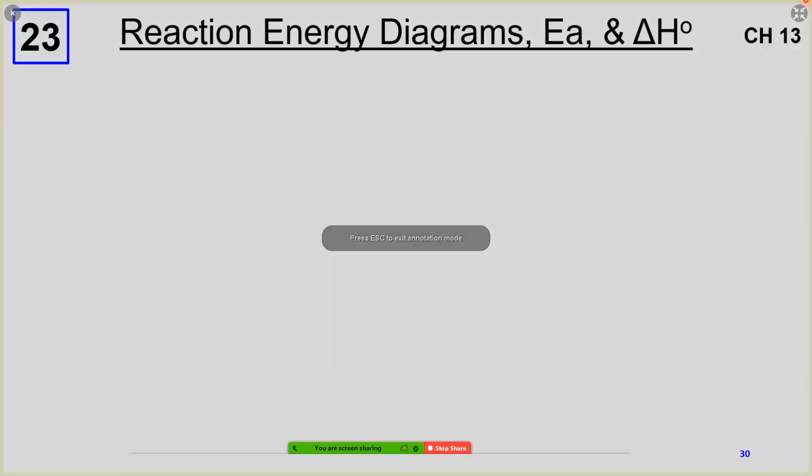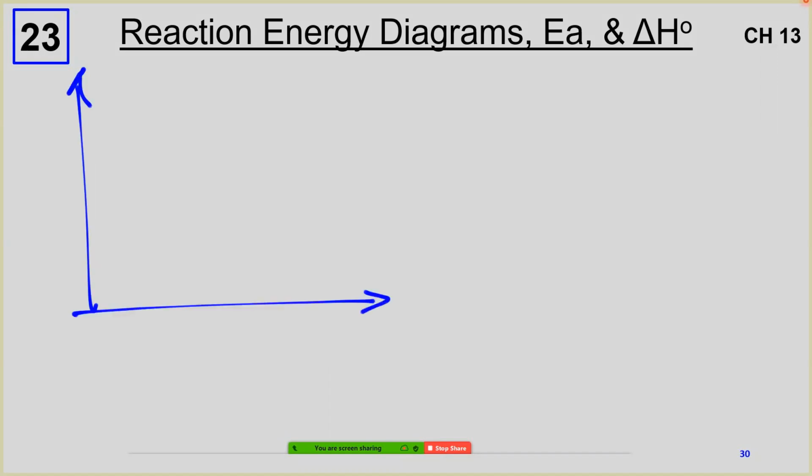What does a reaction energy diagram look like? Let's say we have the x-axis here, we have the y-axis, energy is on the y-axis, and then time would be on the x-axis. So this is the progress of the reaction.